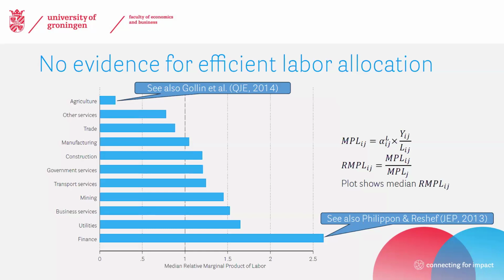What we show here is the median relative marginal product of labor across all countries in a given sector, and we see that they're very far from 1. In line with the work of Doug and others, the relative marginal product of labor in agriculture is quite a bit lower than 1. If we look at finance, wages tend to be quite high in a way that's hard to reconcile.